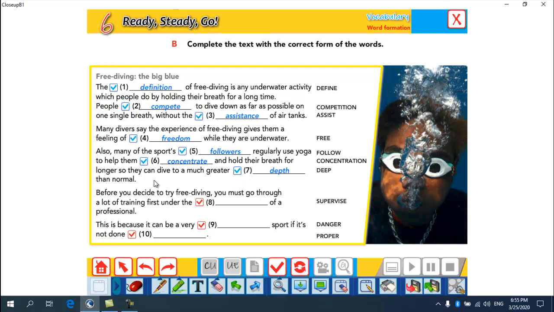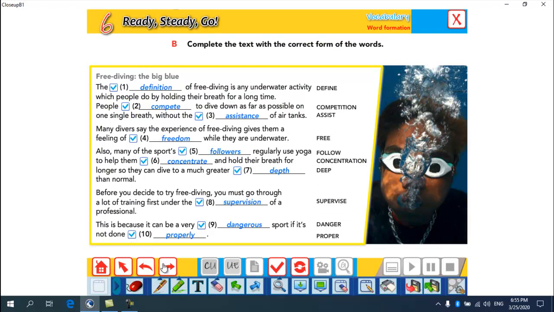Before you decide to try free diving, you must go through a lot of training first under the supervision of a professional, under the supervision. This is because it can be a very dangerous sport if it's not done properly. It can be a very, yeah, dangerous, exactly, if it's not done properly.